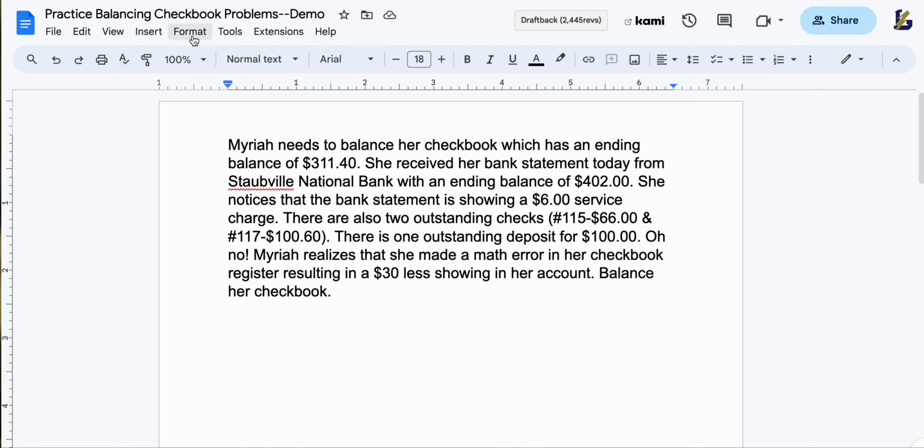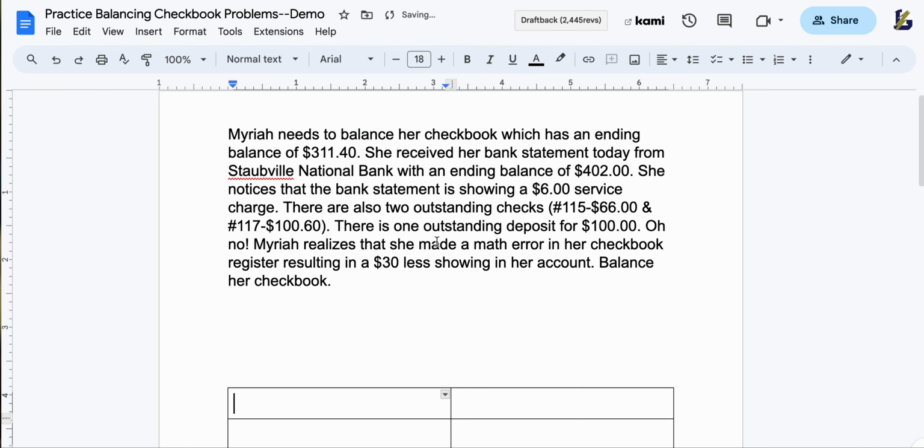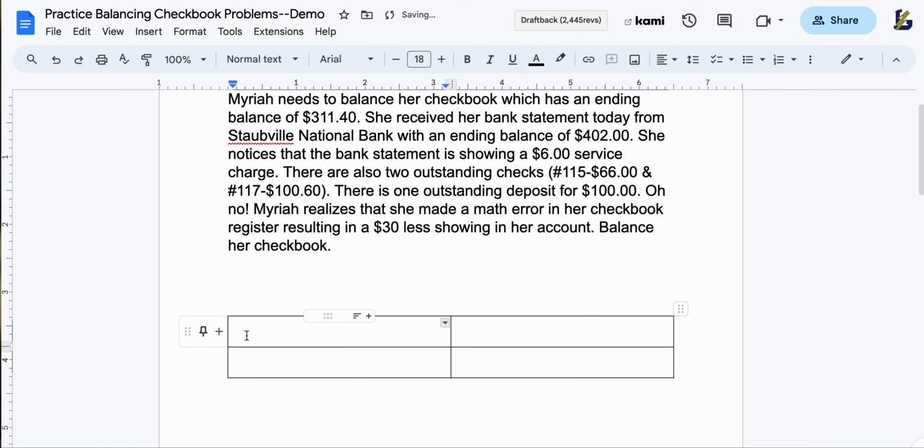What we're going to do first is go to the insert menu in my Google Doc and create a two-column, two-row table. What we're going to look at here is the checkbook side and the bank side.